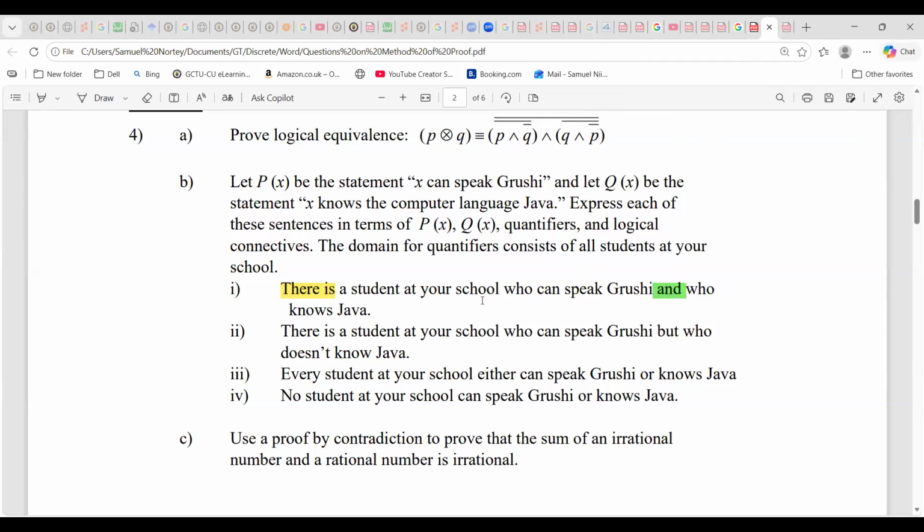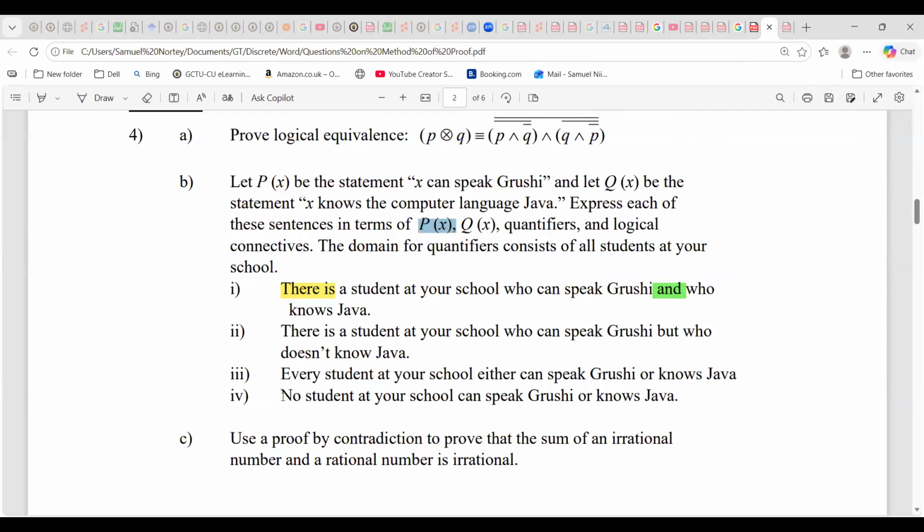Speaking Grushi is P of x, and knowing Java is Q of x. So as the existential symbol, that is backwards E, x, into brackets, P of x, isn't it? Yes, and Q of x, exactly.